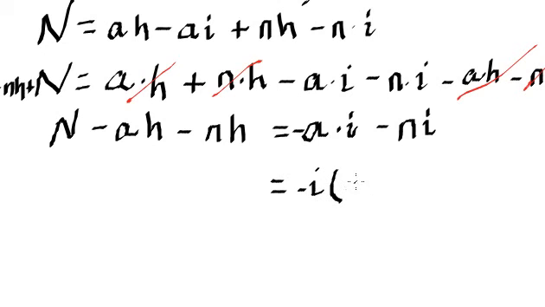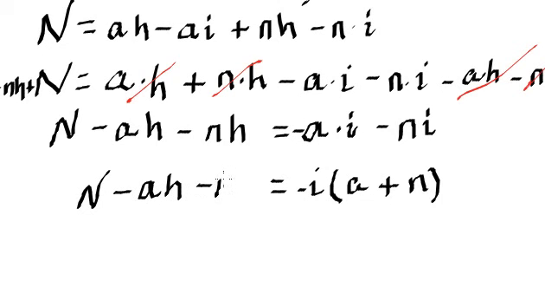And so I'm going to be left with A plus N. If I were to look back at this, negative I times A is negative AI, and negative I times N is minus N times I. And then of course we have, I'm going to go ahead and rewrite N minus AH minus NH. And now what I can do is multiply both sides by 1 over A plus N.